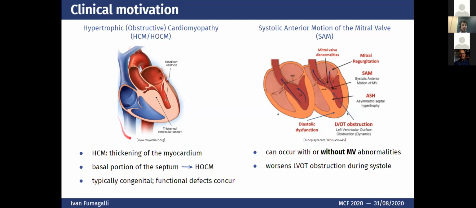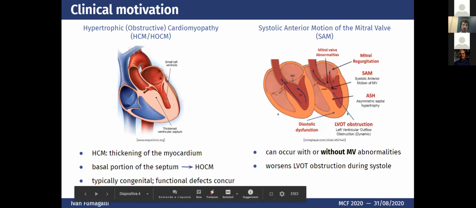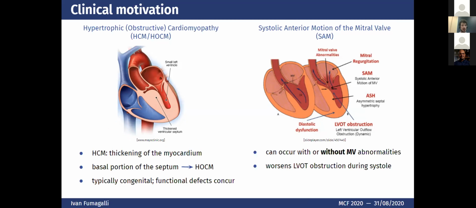Hypertrophic cardiomyopathy is basically a thickening of the myocardium, and when the thickening involves, in particular, the basal portion of the septum, near the aorta, we can be in the presence of an obstruction in the outflow tract of the ventricle, and thus we say there is a hypertrophic obstructive cardiomyopathy. This pathology is typically congenital, but of course also functional abnormalities can concur to the pathological framework.